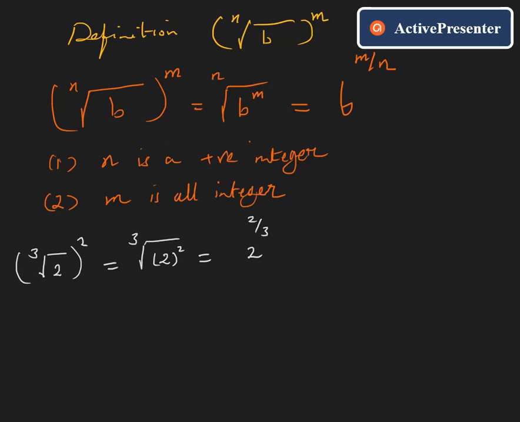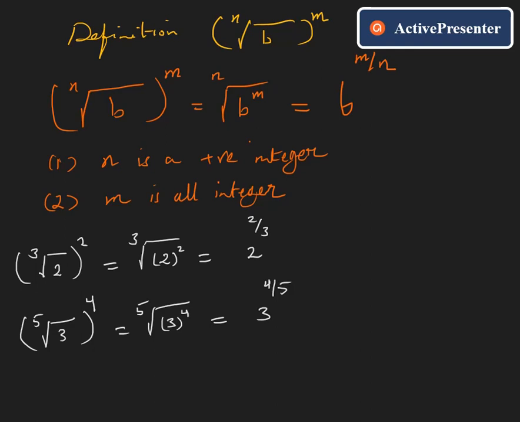The second example: the fifth root of 3 all to the power 4 is equal to the fifth root of 3 to the power 4, which is equal to 3 to the power 4 over 5.